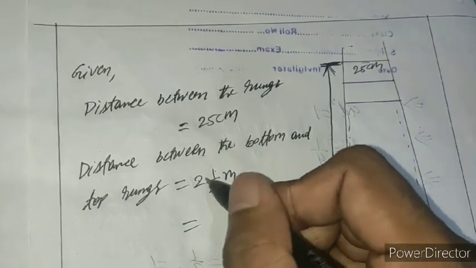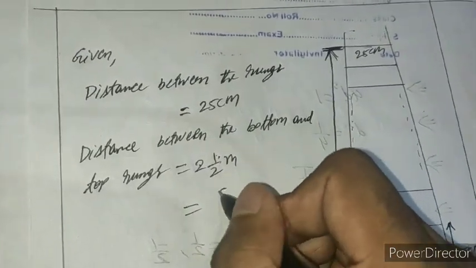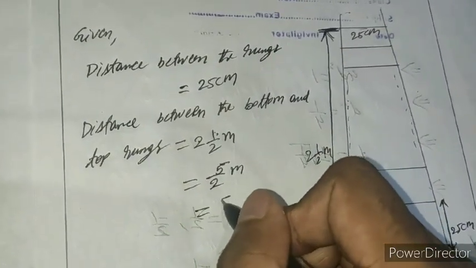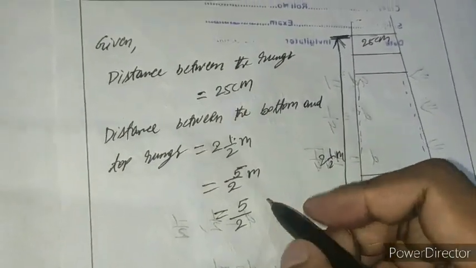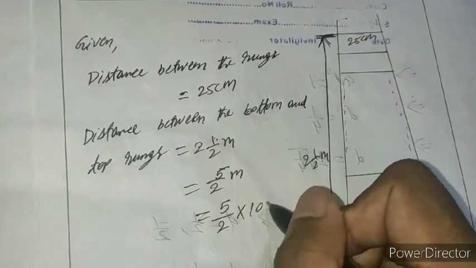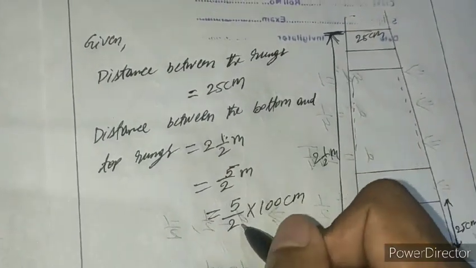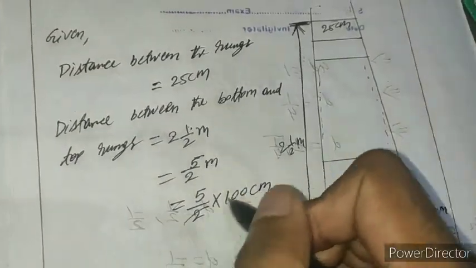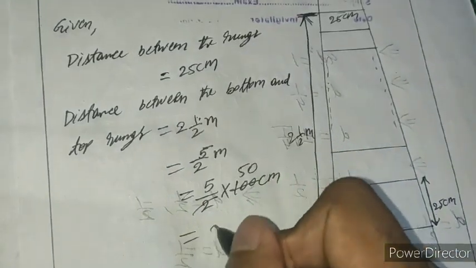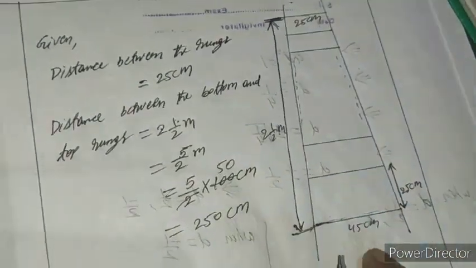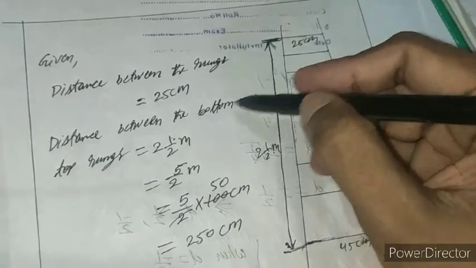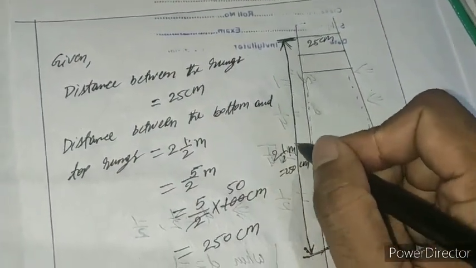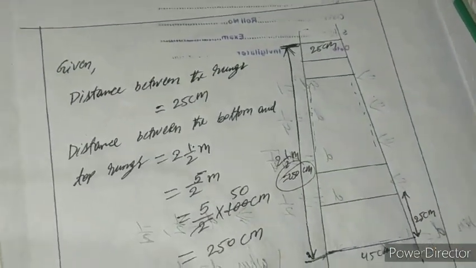So 5/2 meter. Now change meter into centimeter, so multiply by 100, because 1 meter is equal to 100 centimeter. So 25 times 10, that is 250 centimeter. So the distance between the bottom and the top rung is 250 centimeter. Okay, now we need to find the number of rungs.